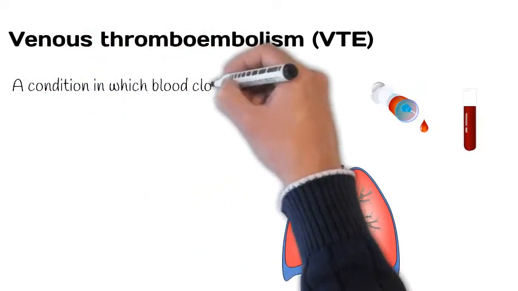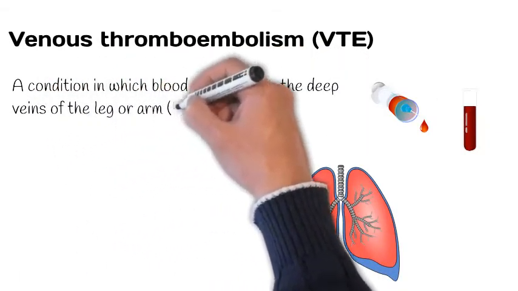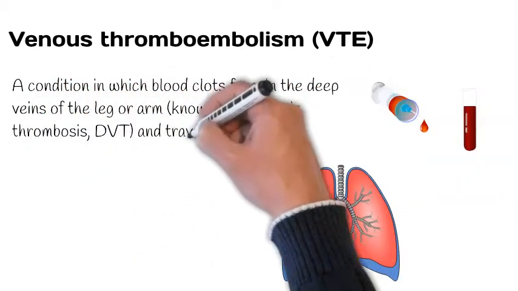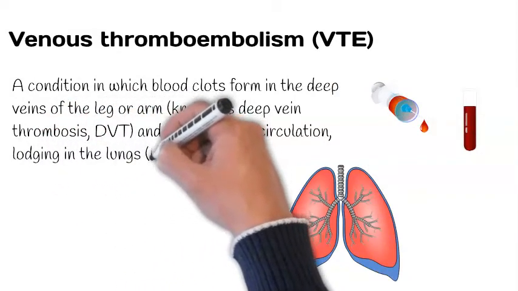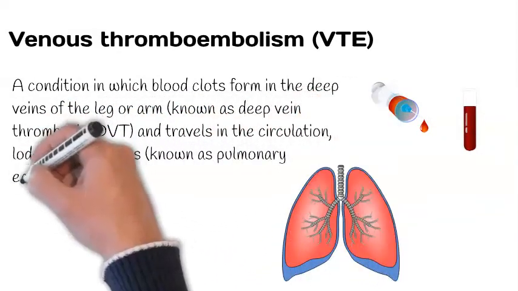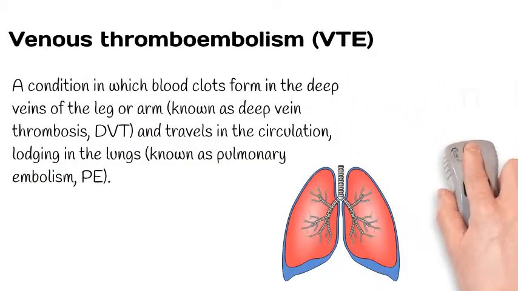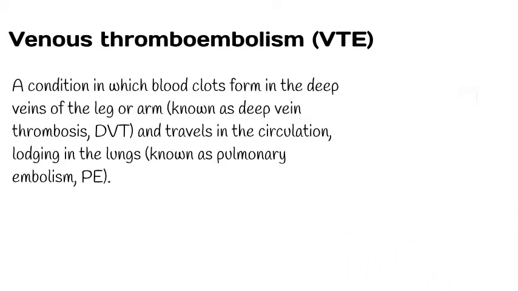So, venous thromboembolism, or VTE, is a condition in which blood clots form in the deep veins of the leg or arm. This is known as DVT, or deep vein thrombosis. And when these blood clots travel into circulation and lodge into the lungs, that is known as pulmonary embolism, or PE.